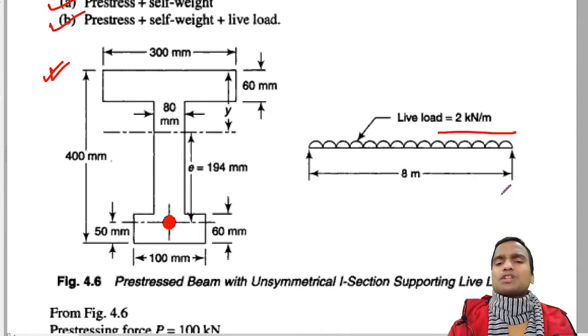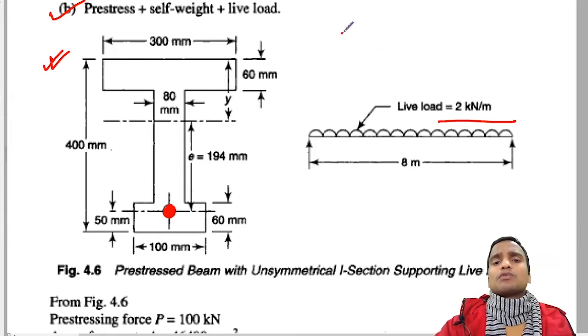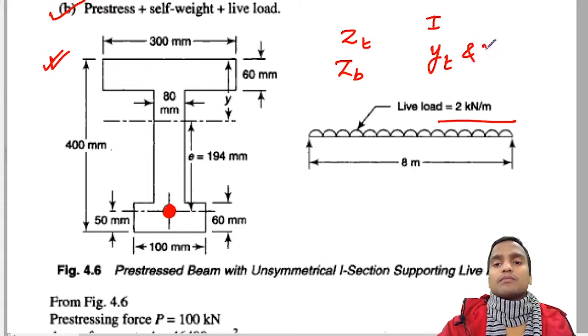The question is not very difficult. We have done it. The only difference here is that for the values of ZT and ZB we have to calculate separately. For calculating these values, first of all we have to calculate the moment of inertia I. After calculating I, only then can we calculate YT and YB.